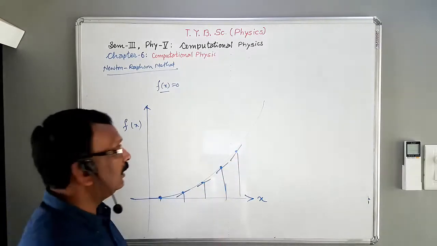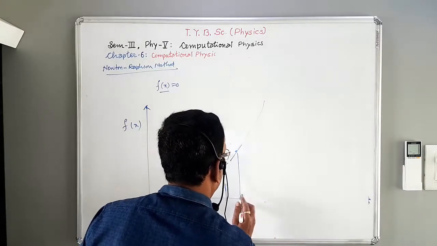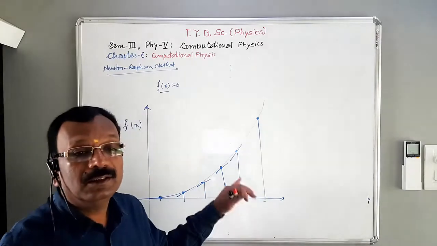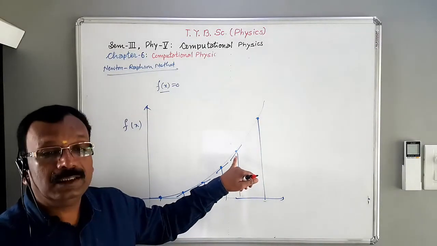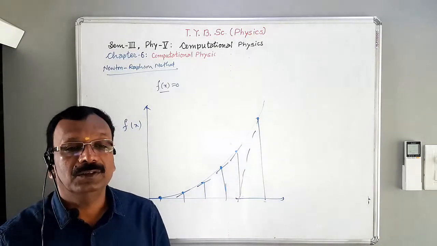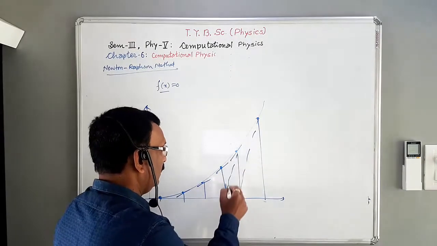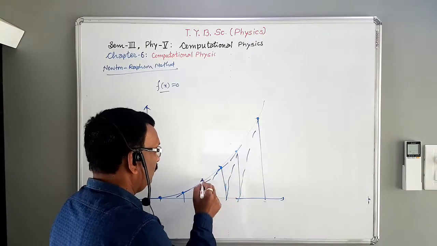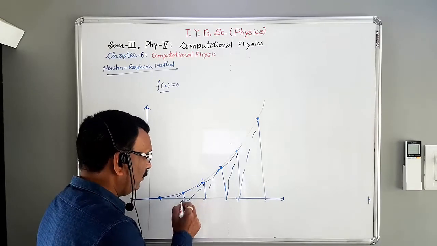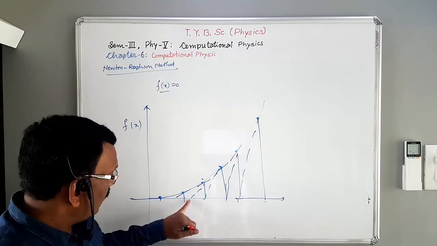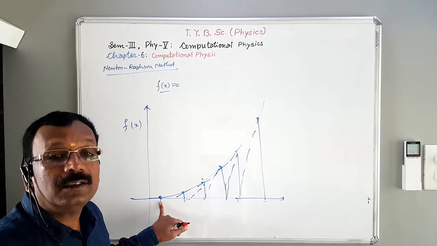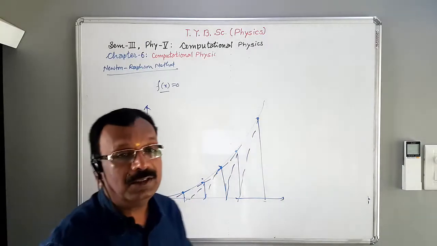Suppose here is the initial guess value. Then after the first iteration we will get the first root, after the second iteration the second root, after the third iteration a root, and after the fourth iteration again a root. But up to a certain level we will get the exact root of the given function.